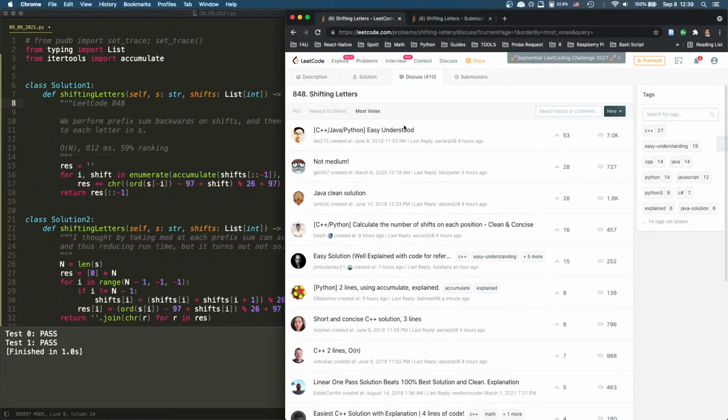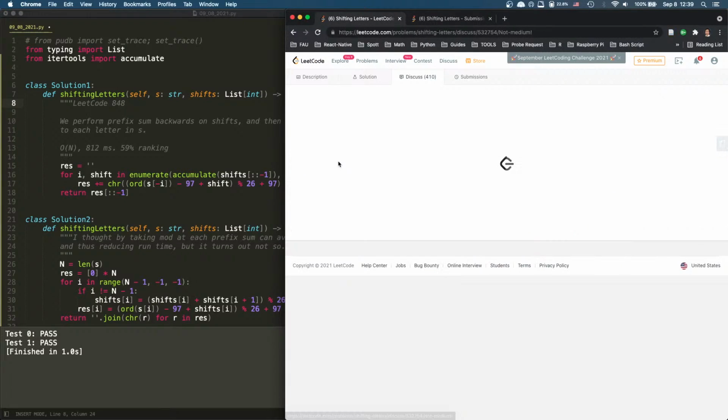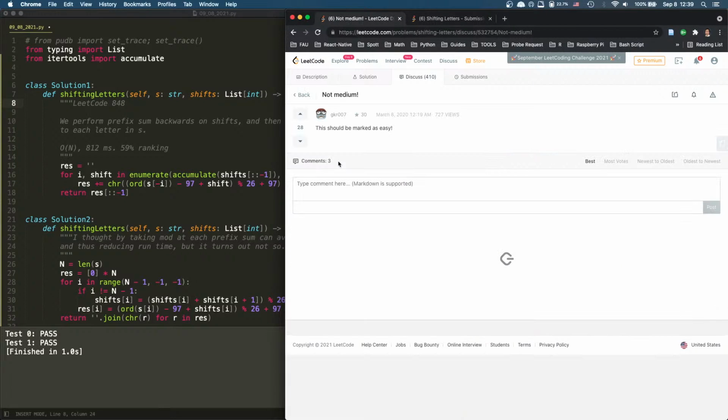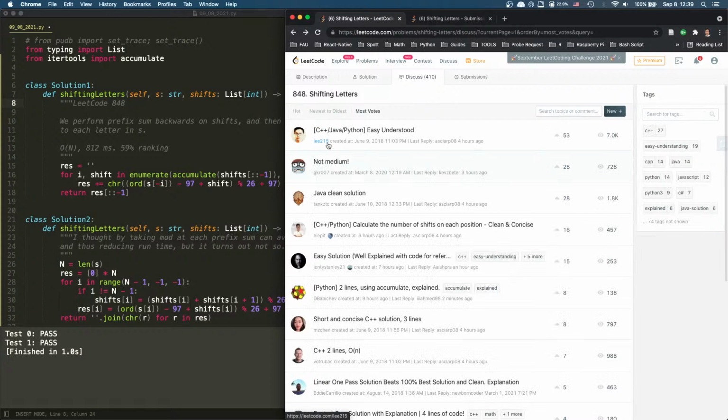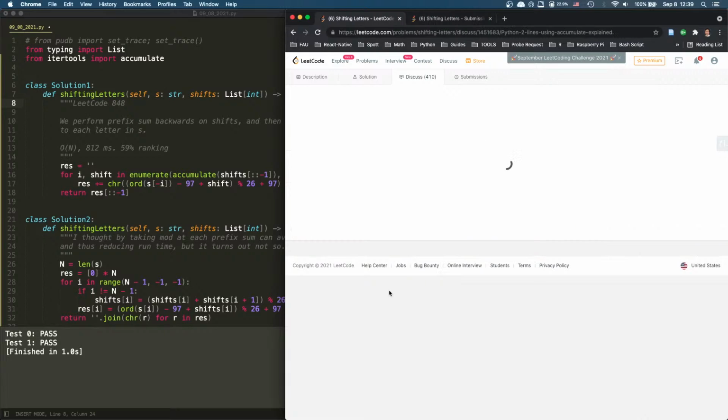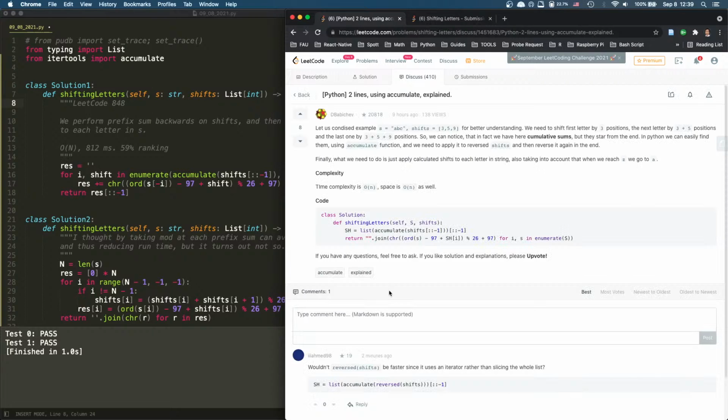Not medium. Yeah, it's pretty simple, I guess. Good for morale. Two lines using accumulate. So we list this and then enumerate this to this. Yeah.